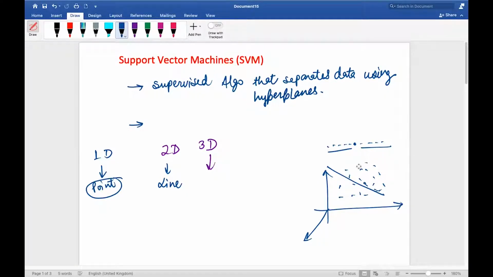For assumption, let's say the room you are sitting in is a three-dimensional space, in which the floor is the x-axis and y-axis, length is x and breadth is y, and the height is the z-axis. So this is the 3D space in which you are sitting.